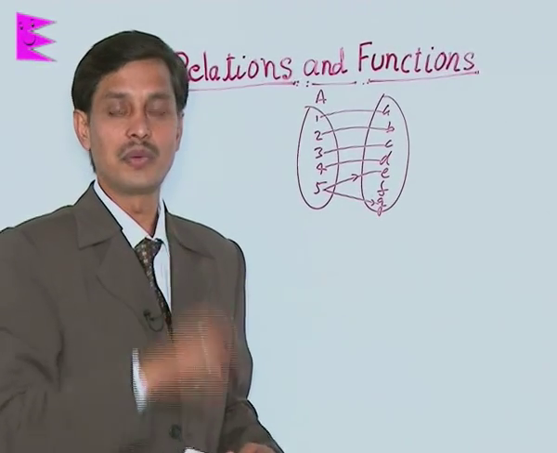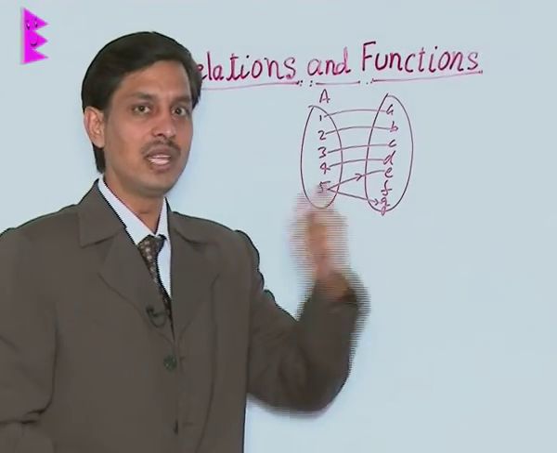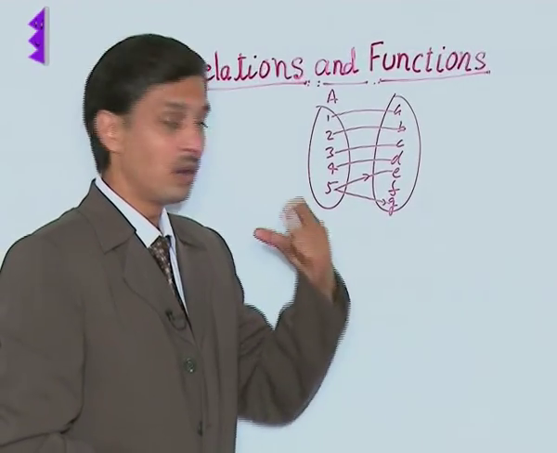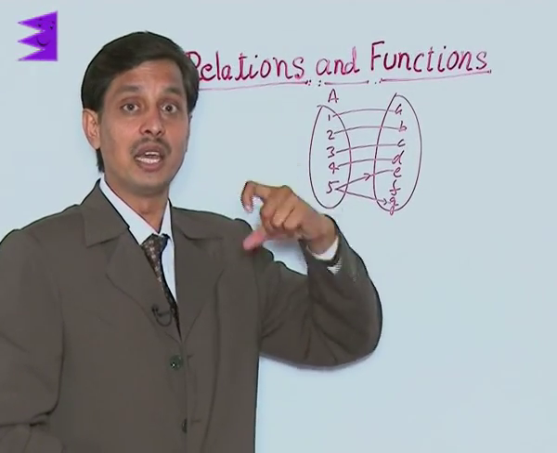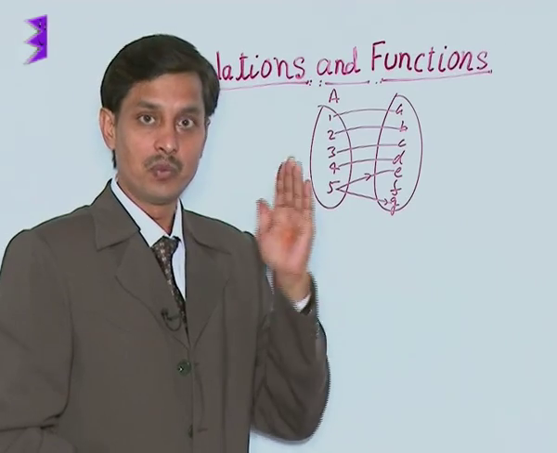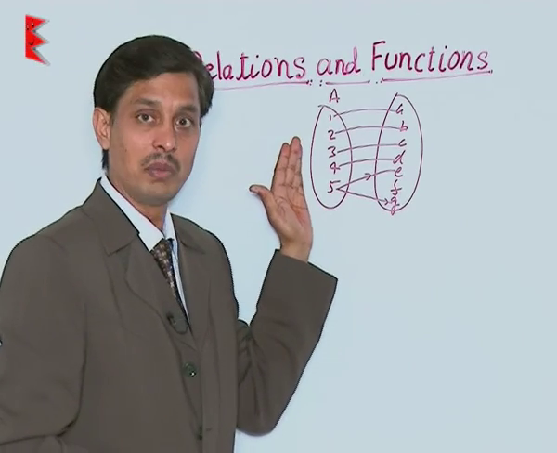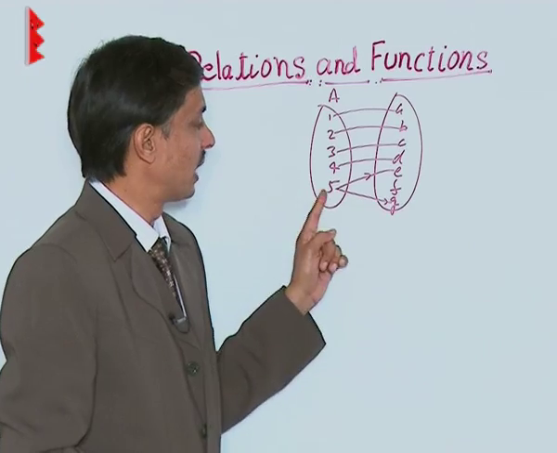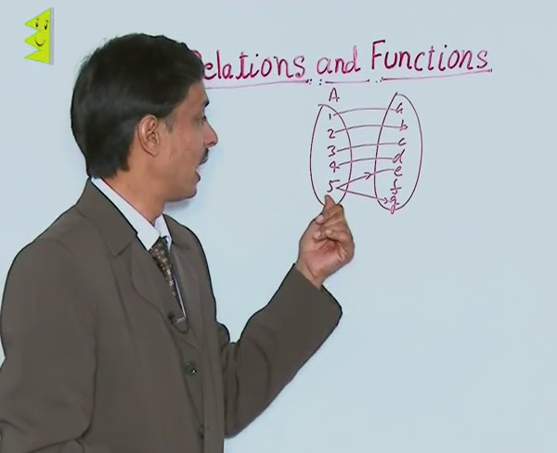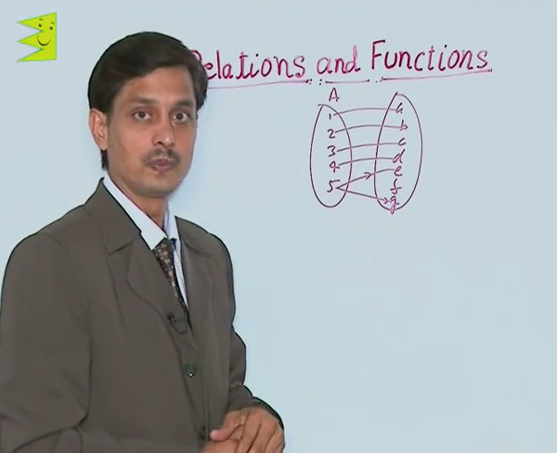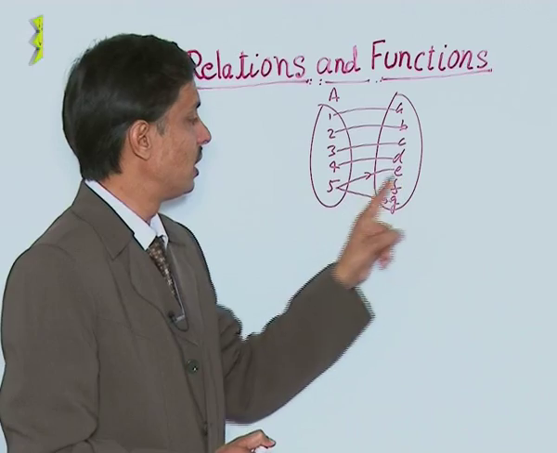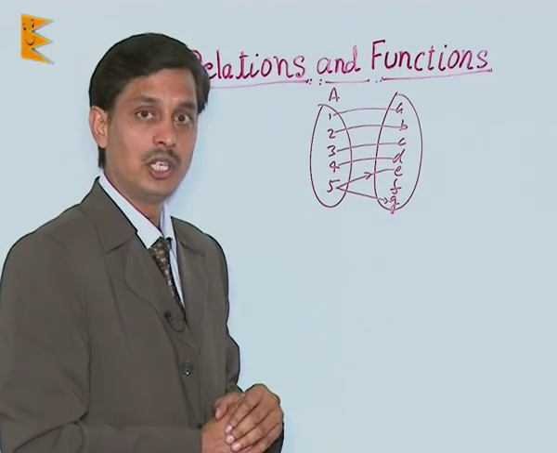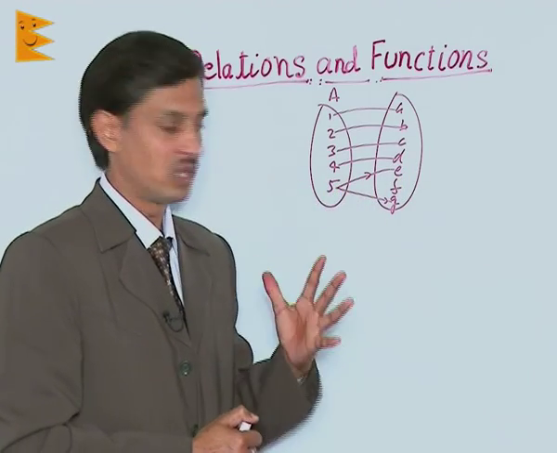The reason is very simple: in the definition, a function is a relation between two non-empty sets such that every element of the first set has a unique image, but 5 has two images. The image of 5 is E, and the image of 5 is G. So this is not a function.